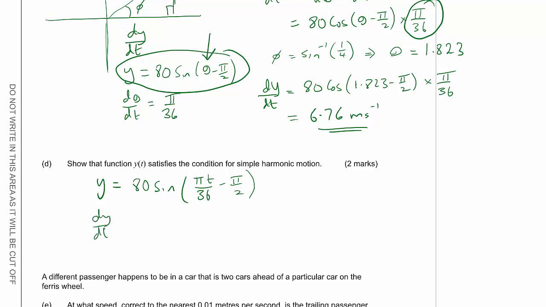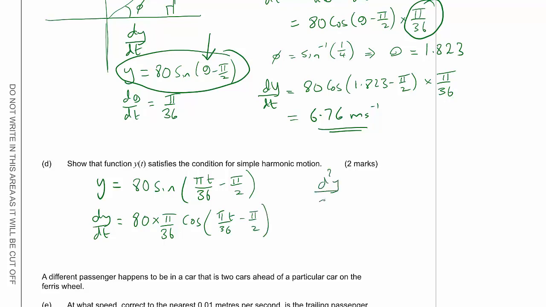So dy dt is going to be 80, we're differentiating, so this comes out and multiplies by pi on 36, cos of pi t on 36, take away pi by 2.